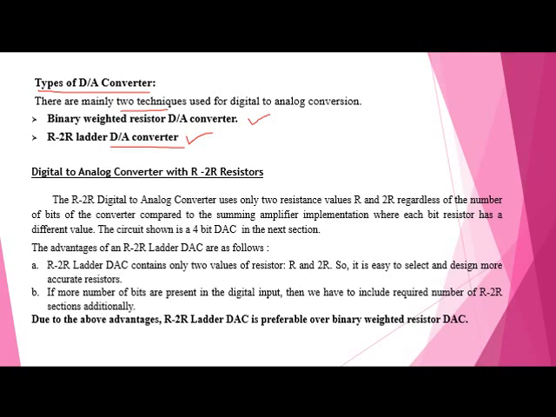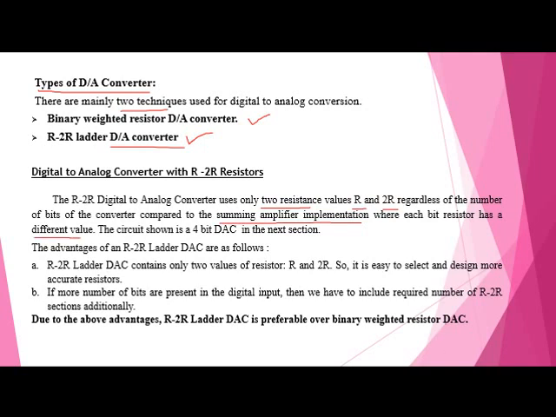The digital to analog converter with R to 2R resistors uses only two resistors: one is R, another is 2R, regardless of the number of bits of the converter, compared to the summing amplifier implementation, where each bit resistor has a different value.